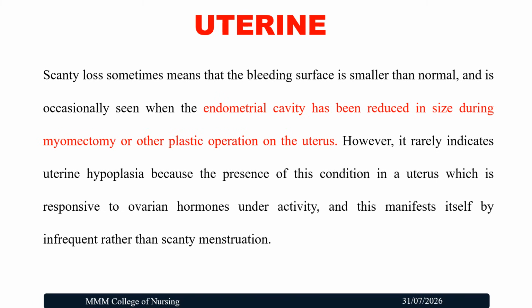This is occasionally seen when the endometrial cavity has been reduced in size during myomectomy or other plastic operations on the uterus. However, it rarely indicates uterine hypoplasia, because that condition in the uterus, which is responsive to ovarian hormones, manifests itself by infrequent rather than scanty menstruation.